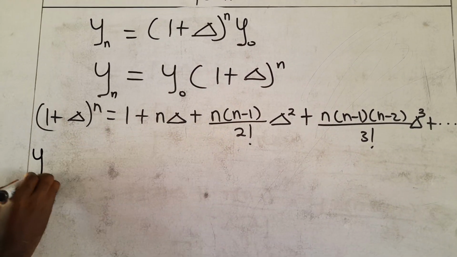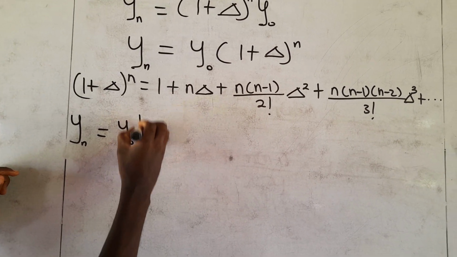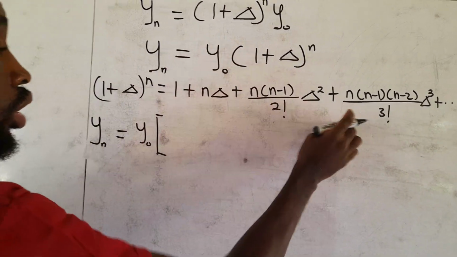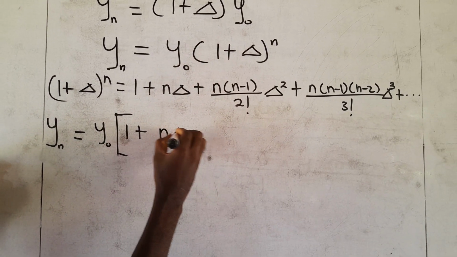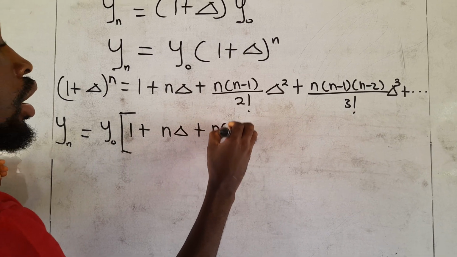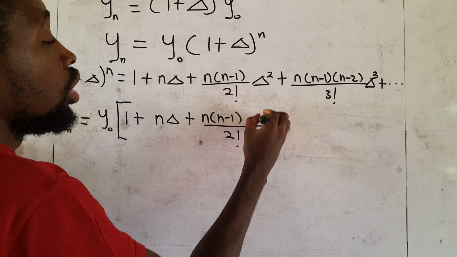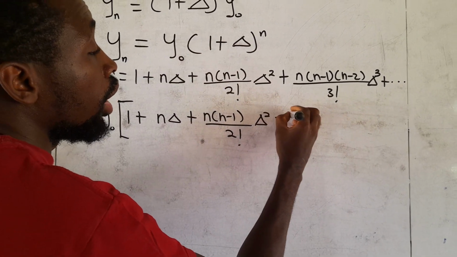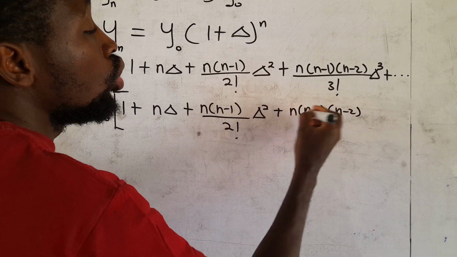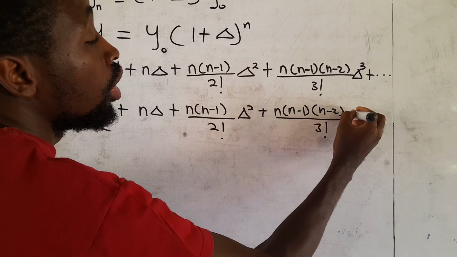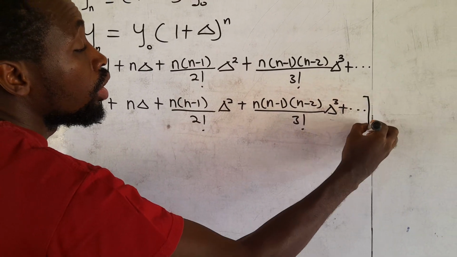So since we realize that the expansion of this is this, we are going to substitute. So we can say our y subscript n will be equal to y naught bracket. In place of this, we substitute that. So we get 1 plus n delta, then plus n(n minus 1) all over 2 factorial delta squared, then plus n(n minus 1)(n minus 2) over 3 factorial delta cubed, and so on in the order.